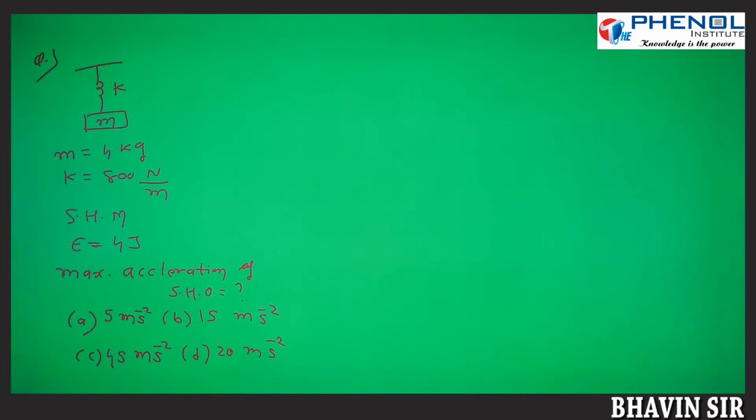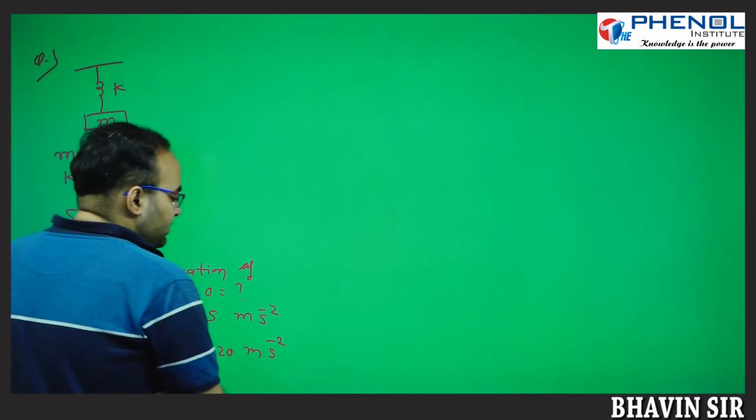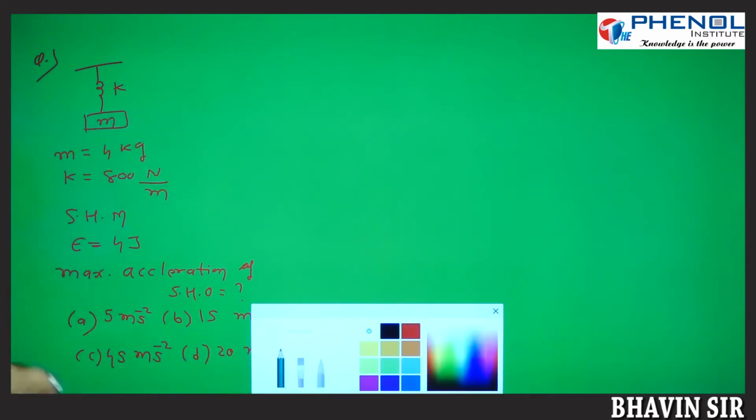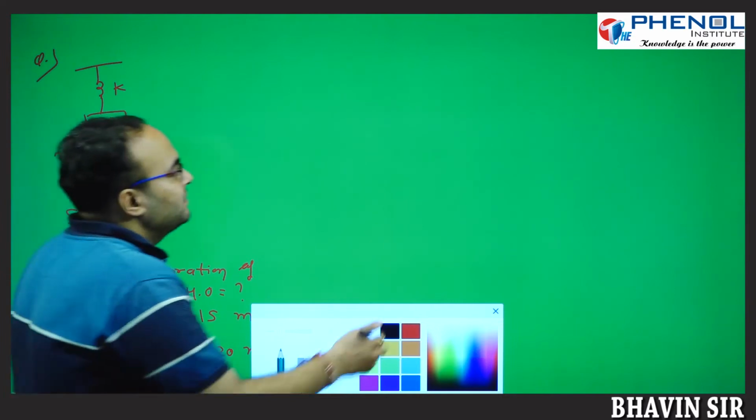Chalo, so a 4 kilogram block is connected to the spring, spring constant is 800 Newton per meter, and it performs SHM. Its total energy is 4 joule, and we want to find the maximum acceleration of the SHO. So students, first, what is the formula for maximum acceleration?